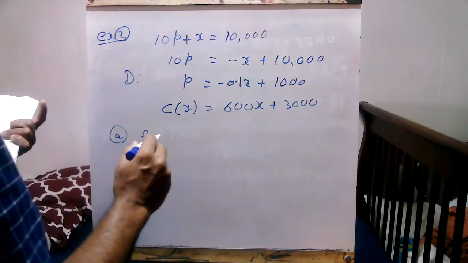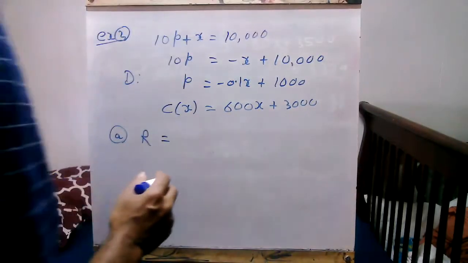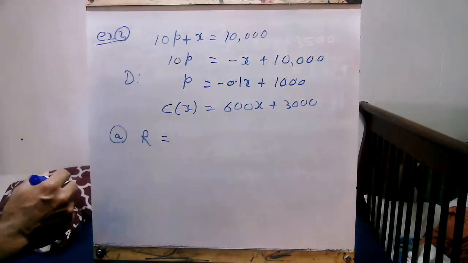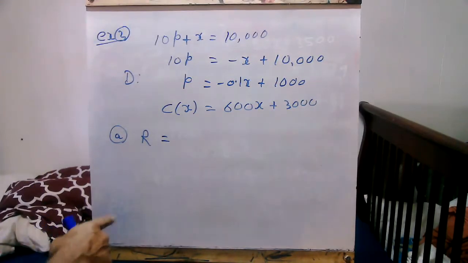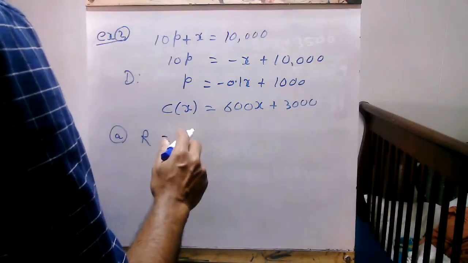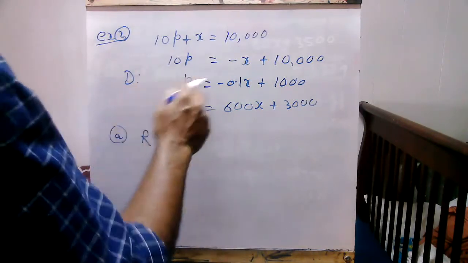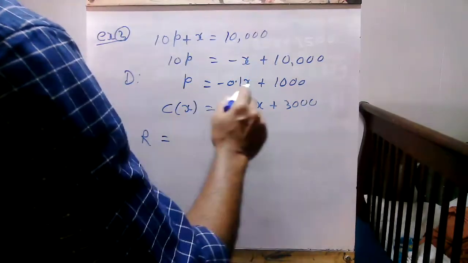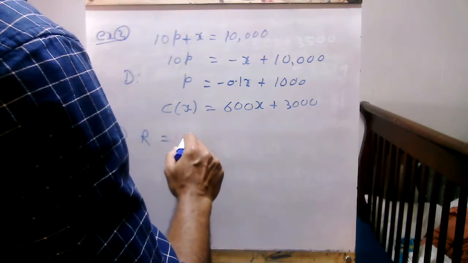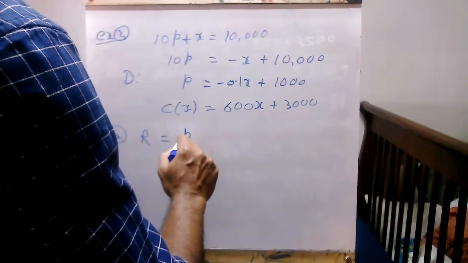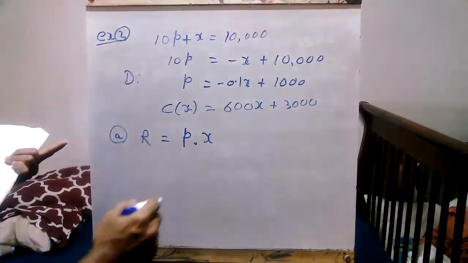Revenue function is what? Revenue is price times number of items sold. That means the demand function times the number of items x.